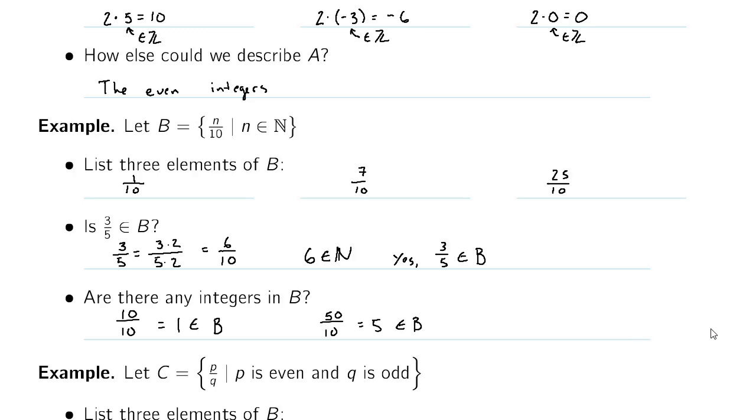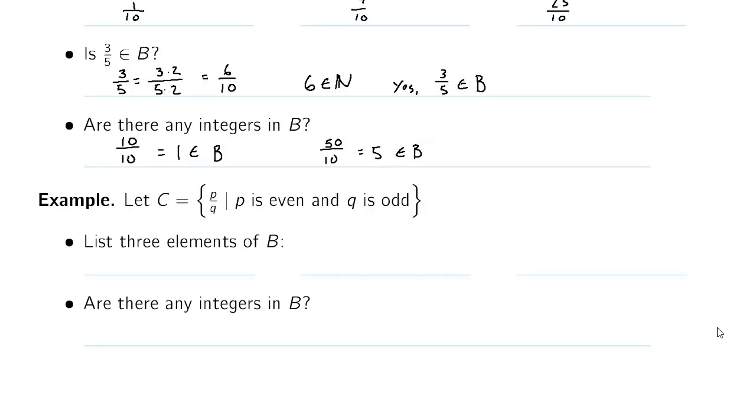Here's one that's a little bit trickier, right? Our generic element now has 2 different variables in it. So let C be the set of fractions P over Q, where P is even and Q is odd. So even numerator, odd denominator.